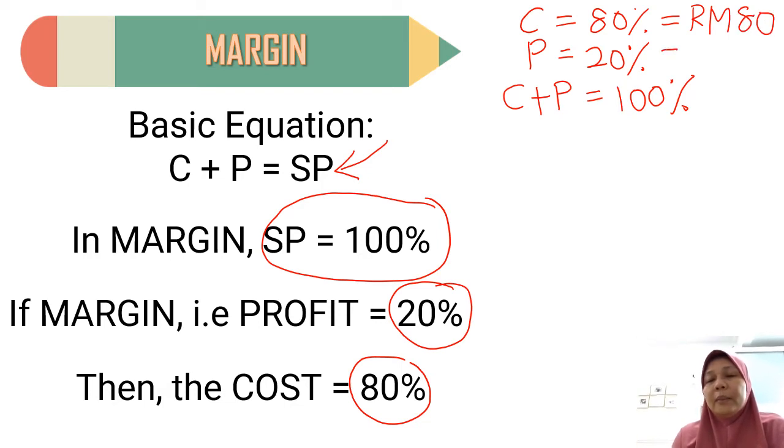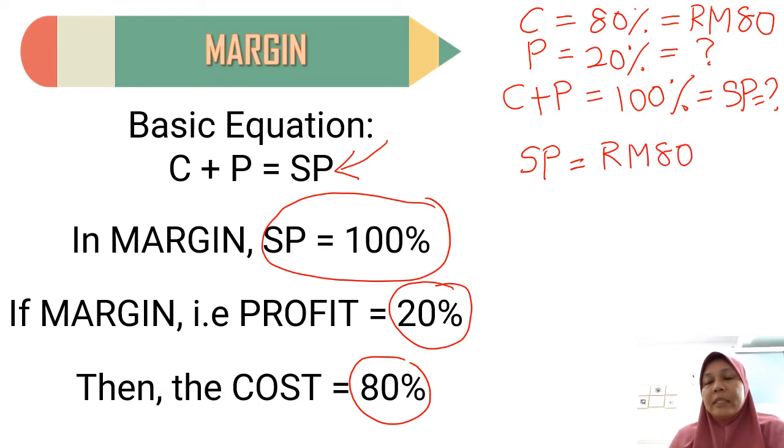So how do we determine the profit and the selling price? To determine the selling price, basically we take the 80 ringgit and divide by the percentage represented by it. 80 ringgit is the cost, and the percentage represented by this 80 ringgit is 80%.